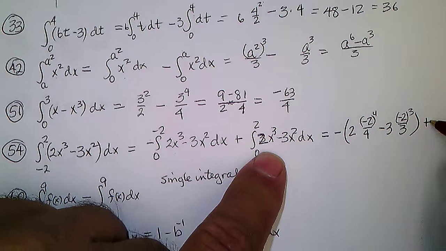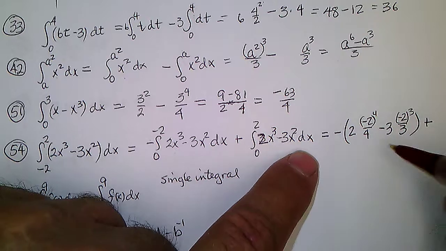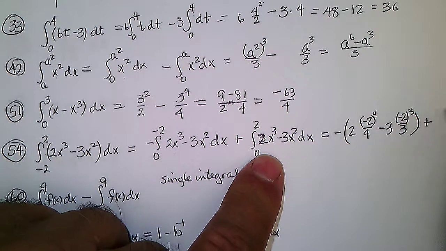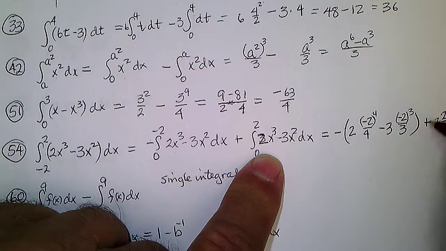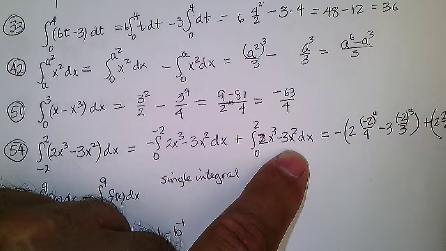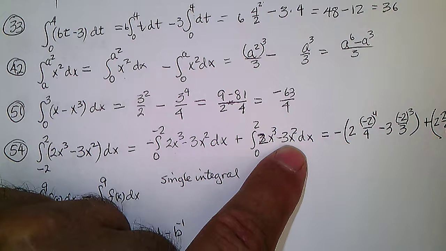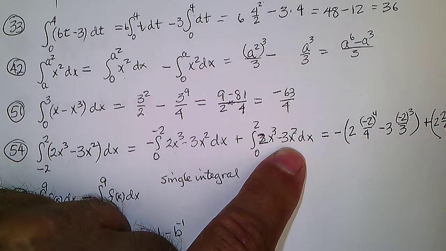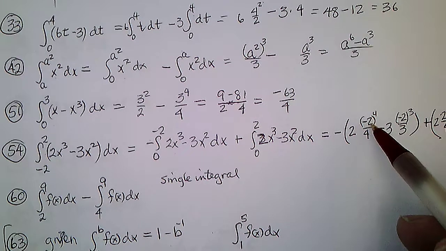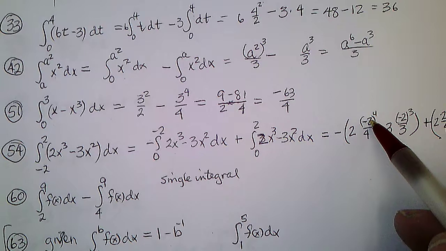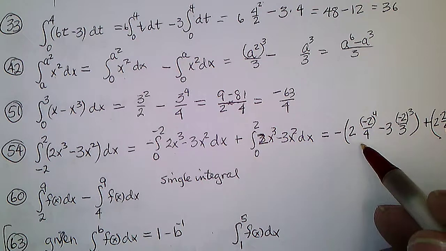Plus, and then we've got to put 2 in place of these. And everything else will look the same. So it'd be 2 to the fourth over 4 times a 2, minus 3 times 2 to the third over 3. So this would be 16 divided by 4, 4 times 2 is 8.